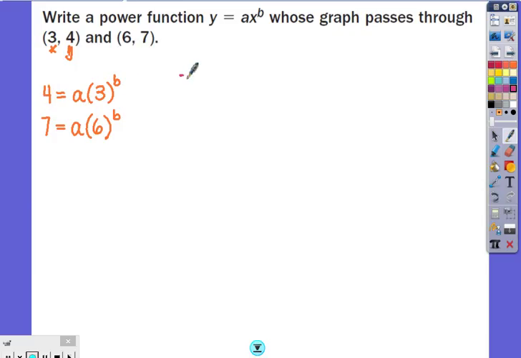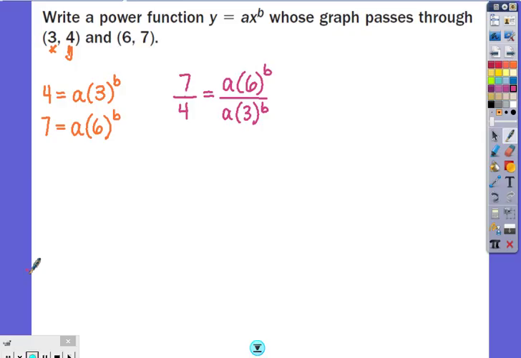Because if we know that 7 is equal to a times 6 to the b, we should be able to divide both sides by something that's equal to 4. That's my favorite way of solving these.